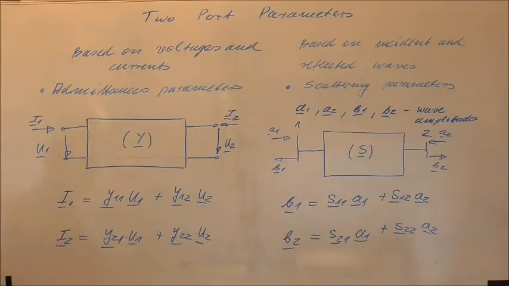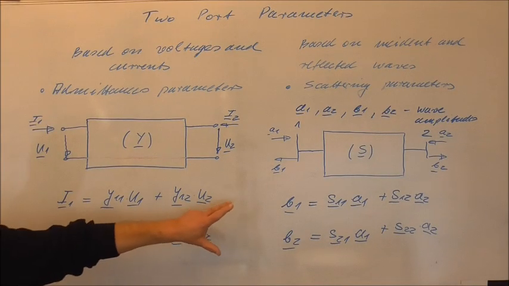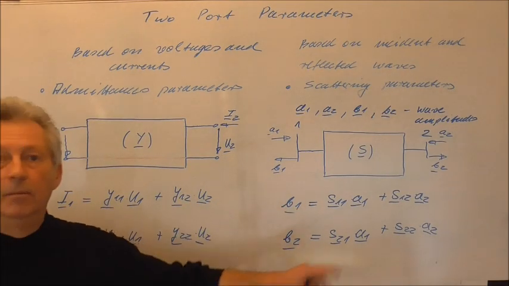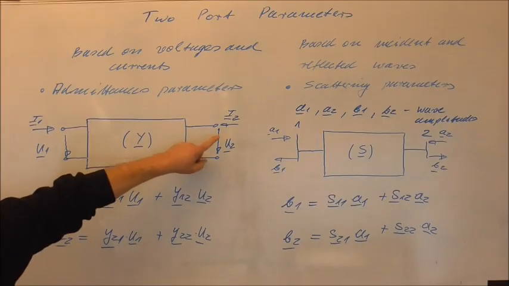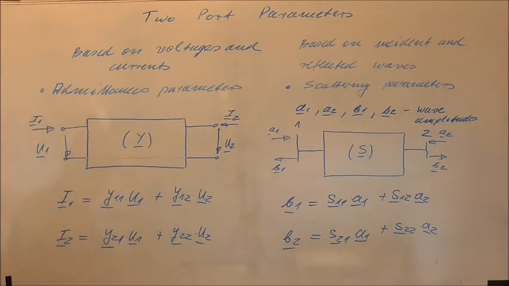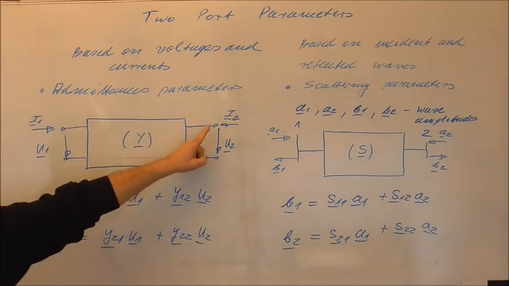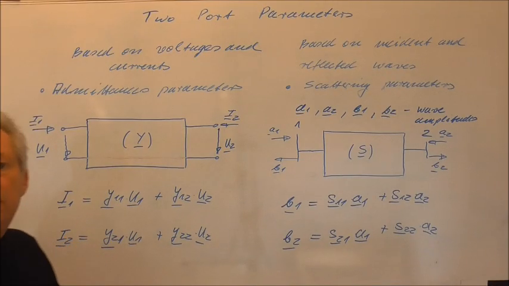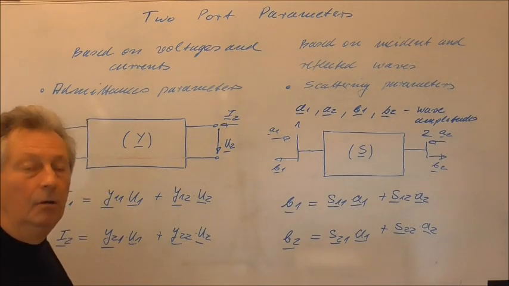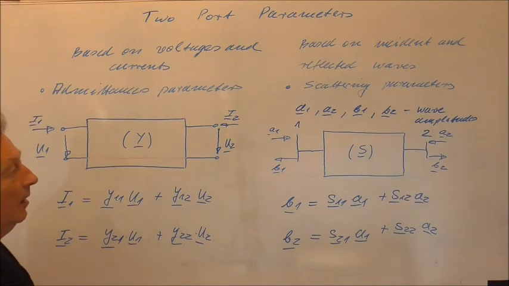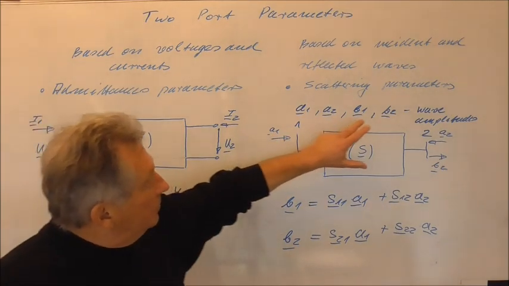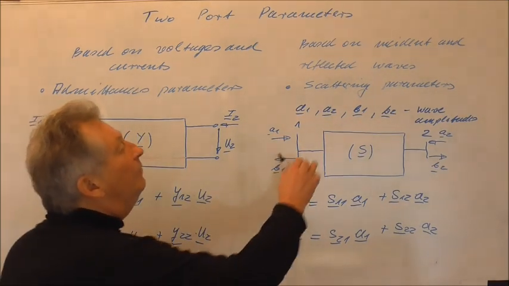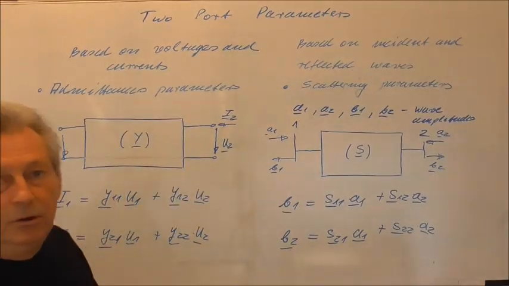So one of the main differences between the Y parameters and the scattering parameters is that in the case of the Y parameters or admittance parameters, they are based on the currents and voltages, so you must be able to measure the current and voltages. While in the case of the scattering parameters, they are defined on wave amplitudes.